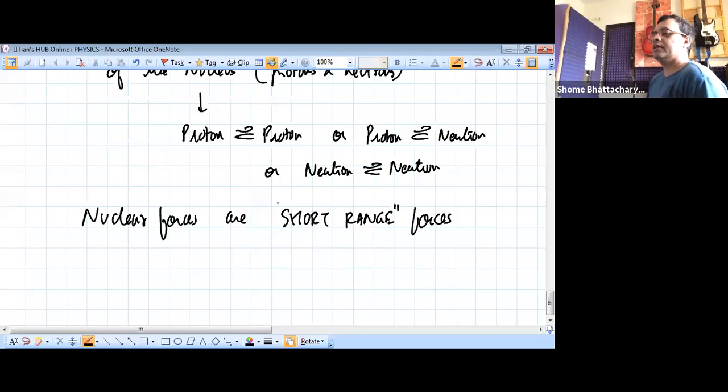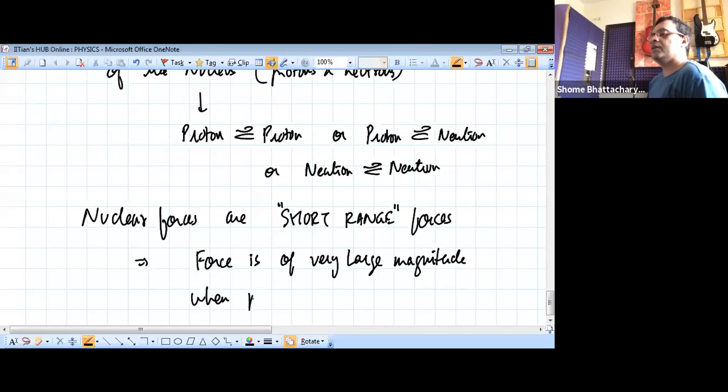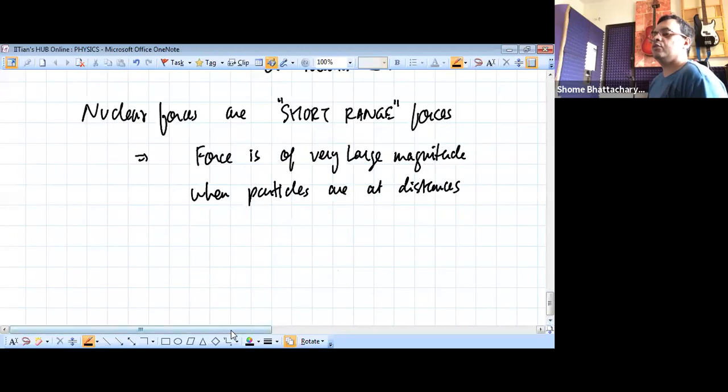What that means is that the nuclear force is of very large magnitude when the particles, that is proton, neutron, etc., are at distances which have order of magnitude of Fermi.